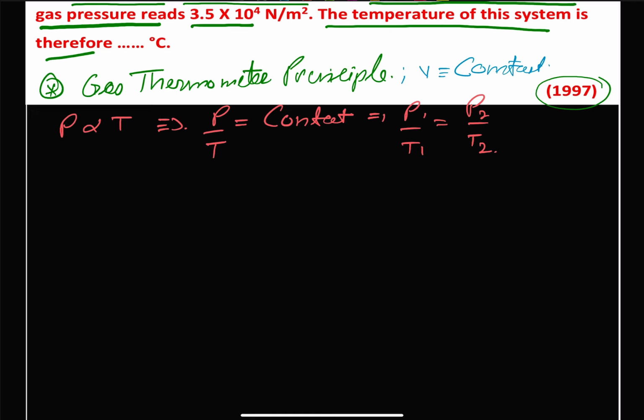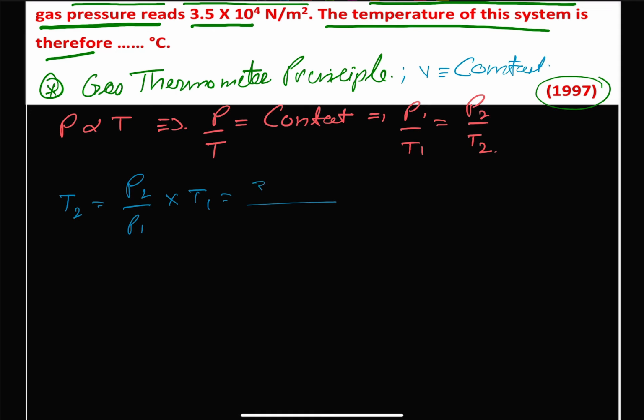So T2 will be equal to P2 upon P1 multiplied by T1. We simply substitute the value.